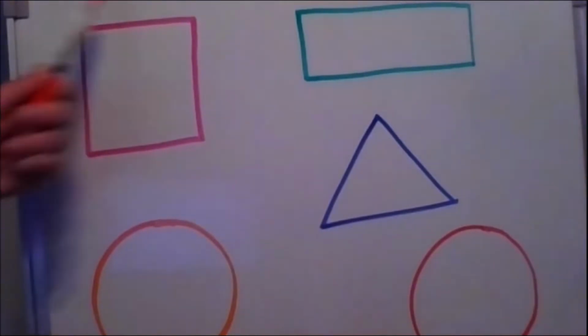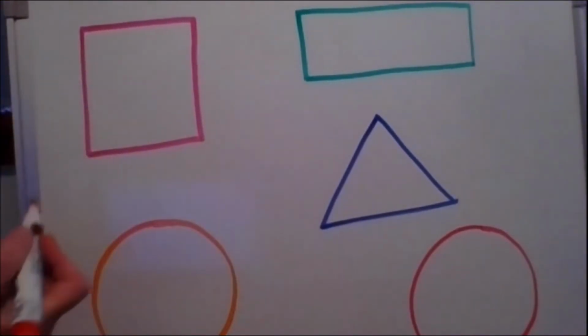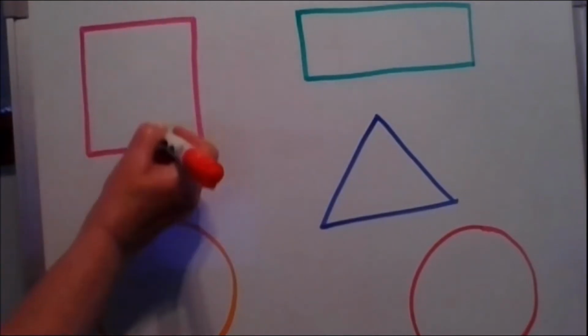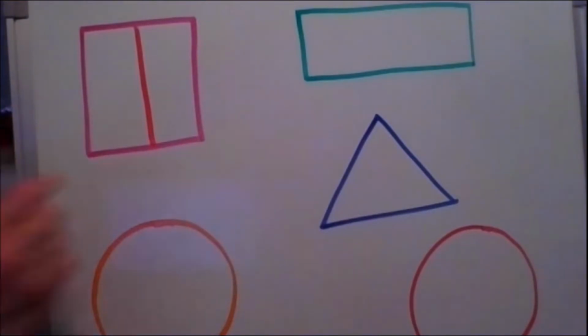All right, so the first shape, this is a whole. And when we make a fraction, we have to draw and we divide it equally. So we can go and divide it equally. Now I divided this fraction into halves, thirds, or fourths. What did I divide it into? Yes, that's correct. I divided it into halves.